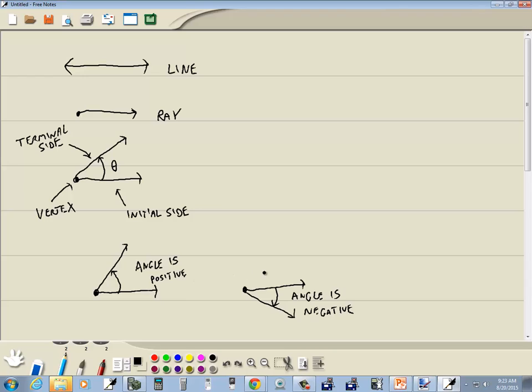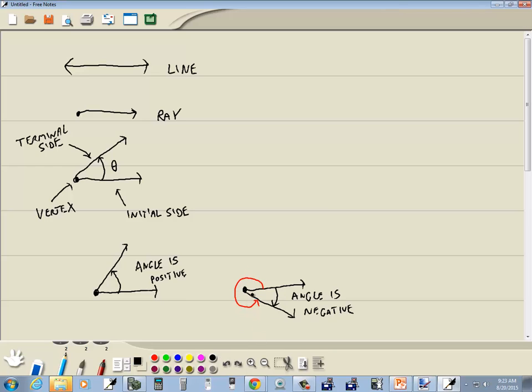Important to keep that in mind when you're working problems, because if you go in this direction, then it'll be negative. But on the other hand, if I were to put a start here and go around over here, this red angle would be positive.